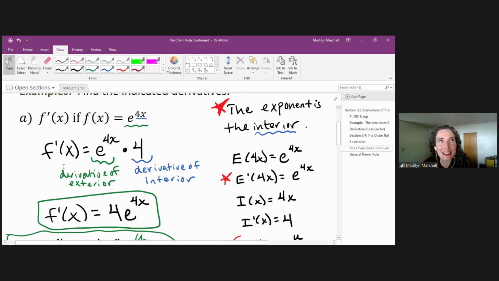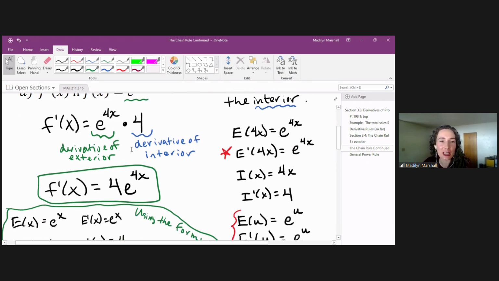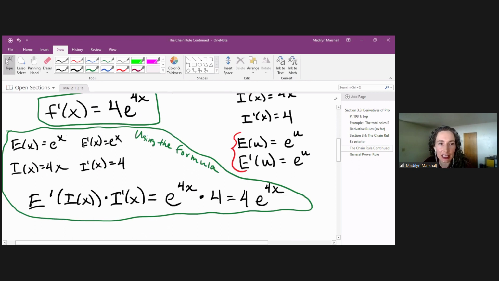As long as you are doing the chain rule correctly, any of these ways is acceptable. So if it works for you to find this E prime, I prime, and then fit them all exactly back into the formula, that is great. If it works for you to replace I with U and use that when you're doing the exterior part, that's also fine.